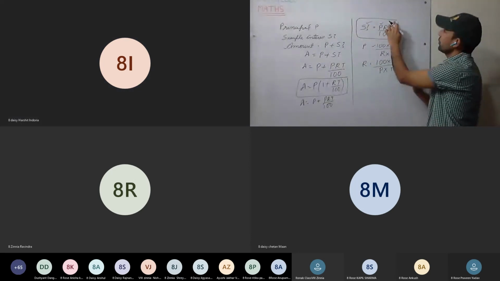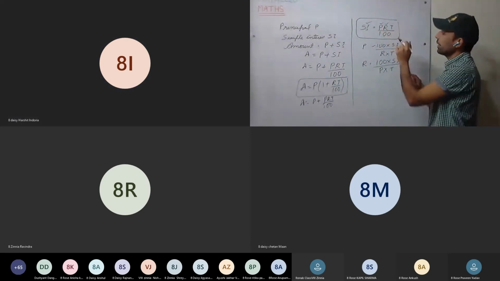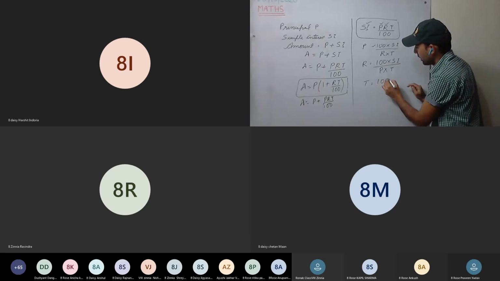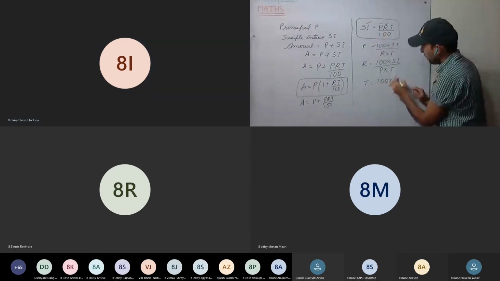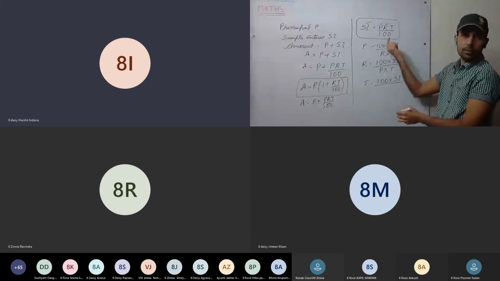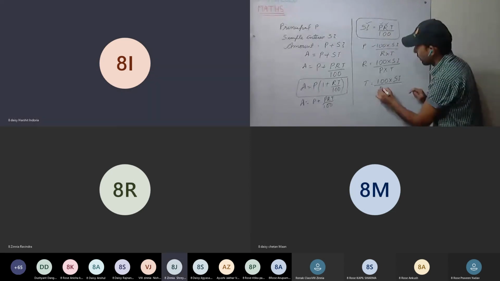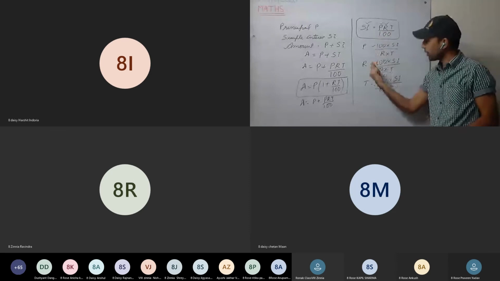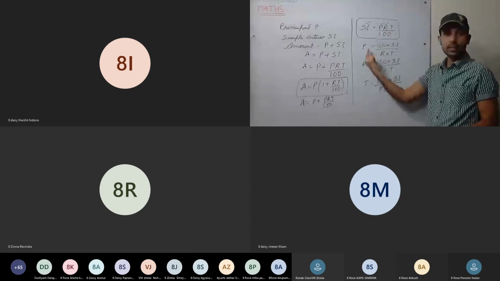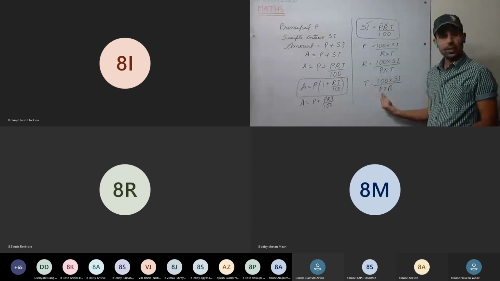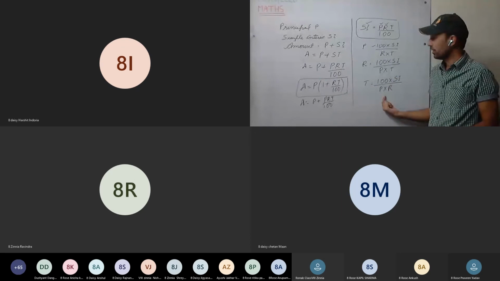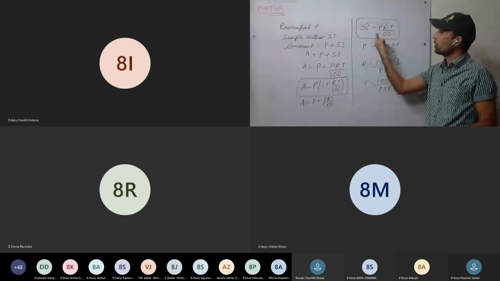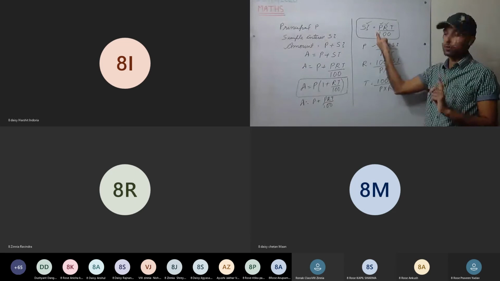Now, if rate is given and time is not given, how to calculate time? Time equals 100 into simple interest divided by P into R. So using this one formula, you can calculate everything. If other things are given, the remaining unknown quantity you can calculate. Is it clear to everyone?